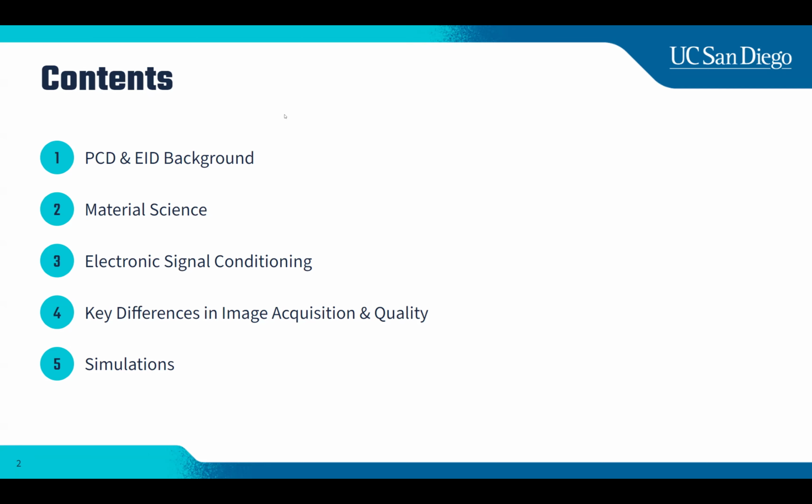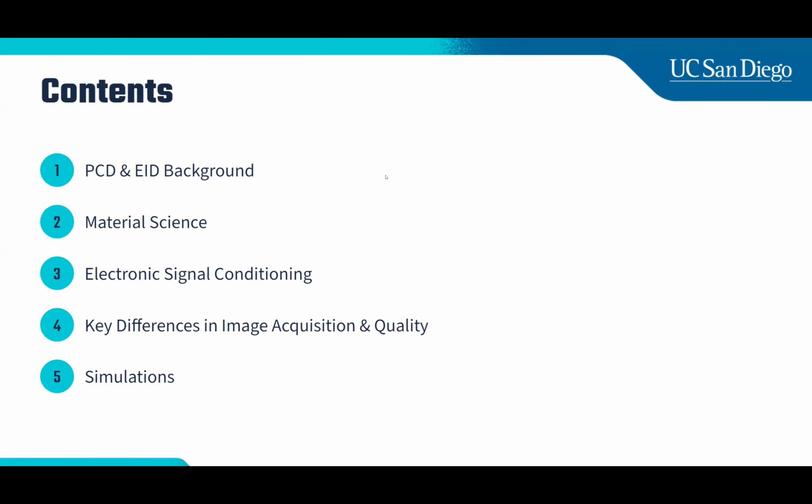So I'll be brief on that, but I will touch more on the material science behind both types of X-ray techniques, as well as how the signals of each technique are conditioned electronically, and the key differences in image acquisition quality, as well as some simulations I made to display the effects of noise and how PCD wins out in the race with EID in terms of CNR and SNR.